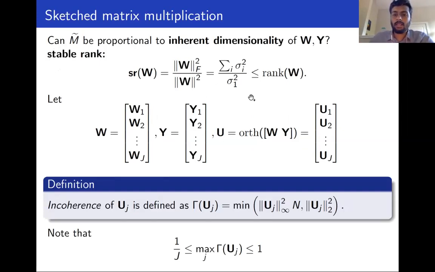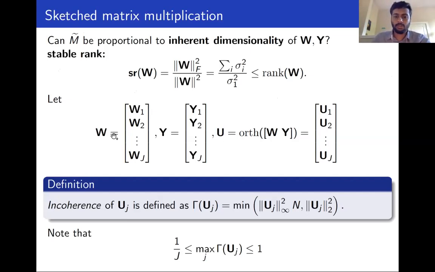A stable rank is a proxy for the rank itself, and takes into account that the singular value spectrum of the matrix can have a quick decay, which means that even though technically these matrices are full rank, they might have a very small rank. So we want to see if our reduced dimension can be proportional to just the stable rank of these matrices.